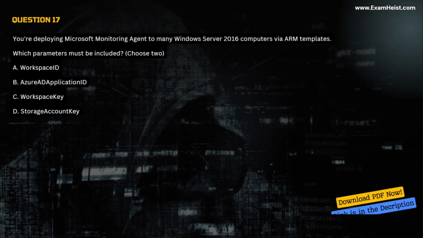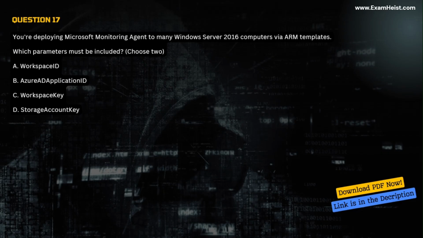Question 17. You're deploying Microsoft Monitoring Agent to many Windows Server 2016 computers via ARM templates. Which parameters must be included? Choose 2. A. Workspace ID.